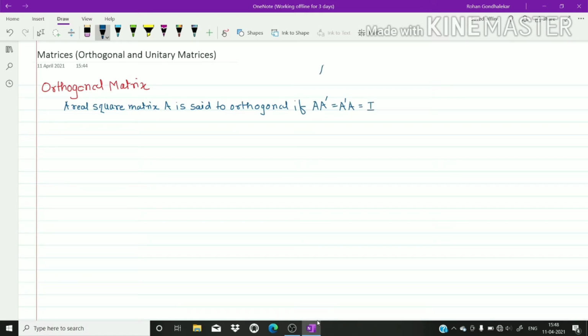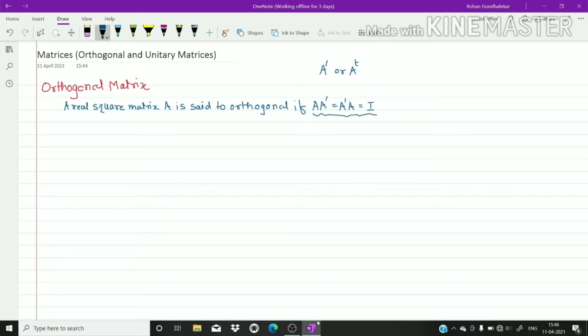In some cases, we can write A transpose with a dash, or we can write this A transpose with this notation also, A raised to small t. So A into A transpose is equal to A transpose into A is equal to identity. Then the matrix is called orthogonal. It's a very simple definition.